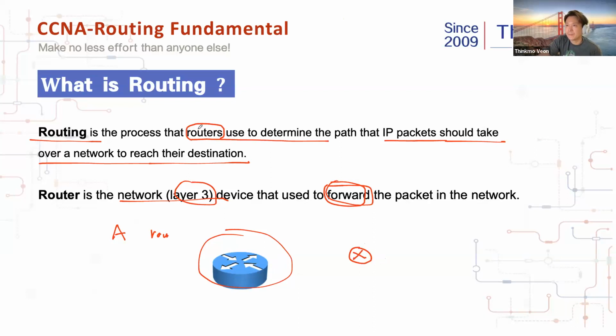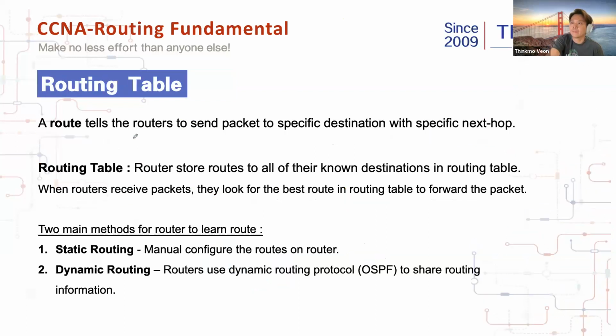Okay, so let me repeat again. Routing is the process that the router uses to determine which path to forward the packet to. So the process is called routing. With routing, we need to introduce the routing table. A router will have a routing table to record all the routes that the router learned.